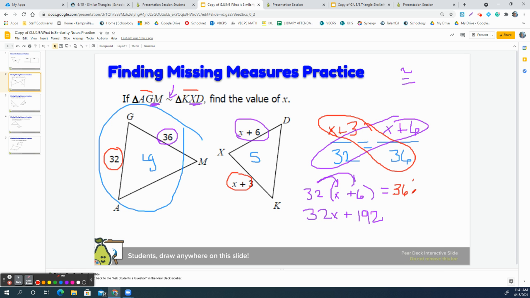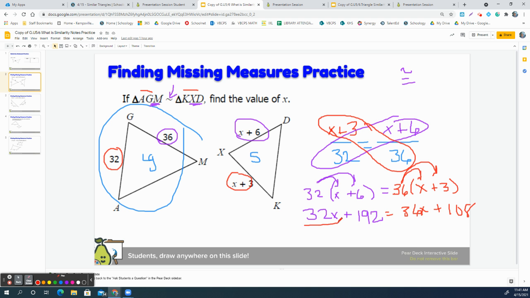So then we come over to the other side, 36 times x plus 3. Again, we're pulling back to that distributive property from algebra. So we got to do equals 36x plus, and that's 90, 108. So that's 32x plus 192 equals 36x plus 108.